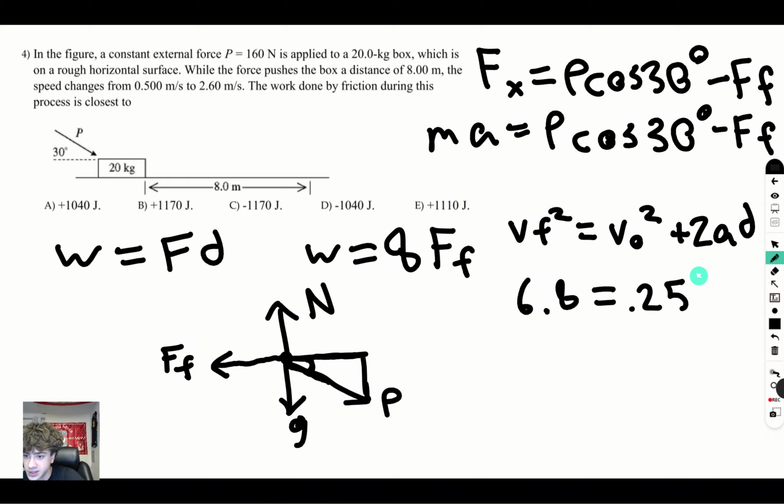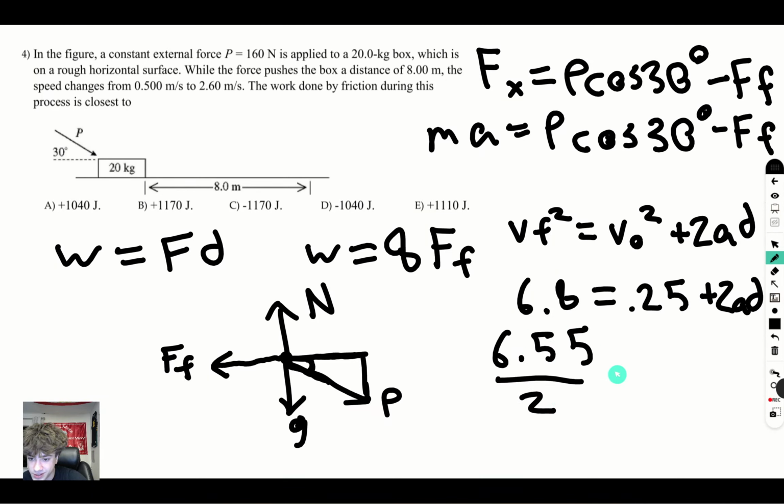And then we get that 6.8 is equal to 0.25 plus 2AD. Now let's subtract our 0.25 from both sides. We get that 6.55 divided by 2 is equal to AD. All I did here was divide both sides by 2 after subtracting.